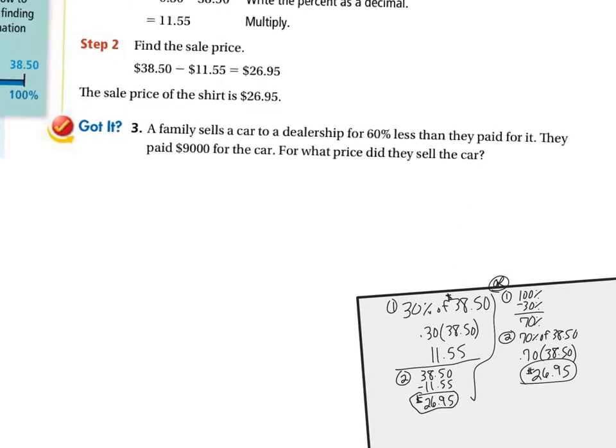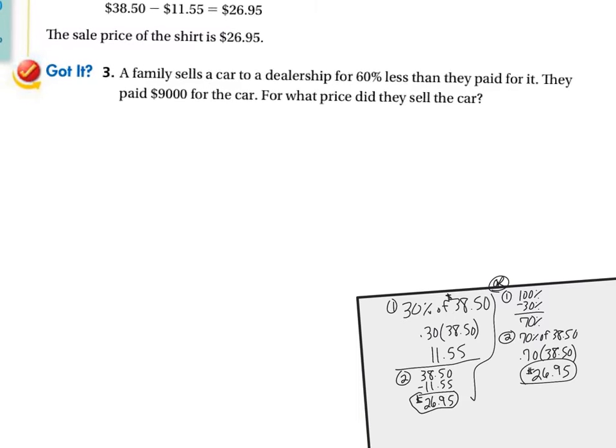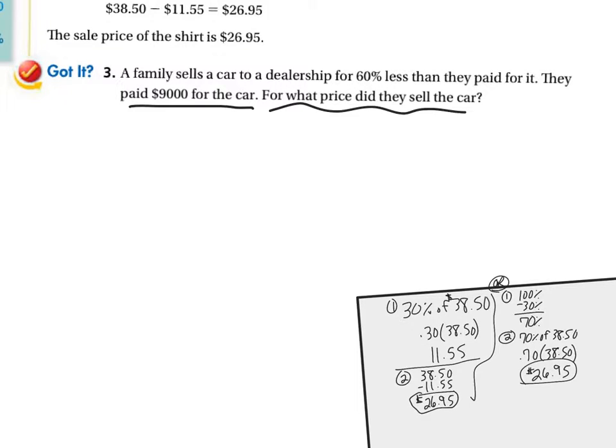So on the guided practice, a family sells a car to a dealership for 60% less than they paid for it. They paid $9,000 for the car. For what price did they sell the car? So one way of doing this, we could figure out what's 60% of 9,000.